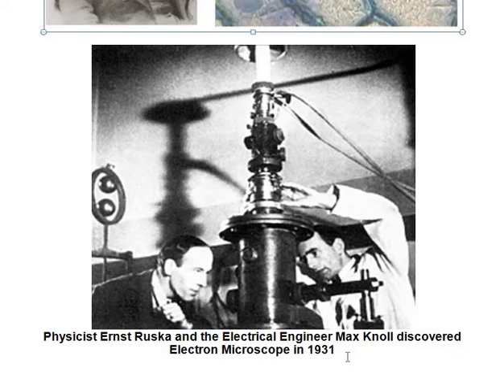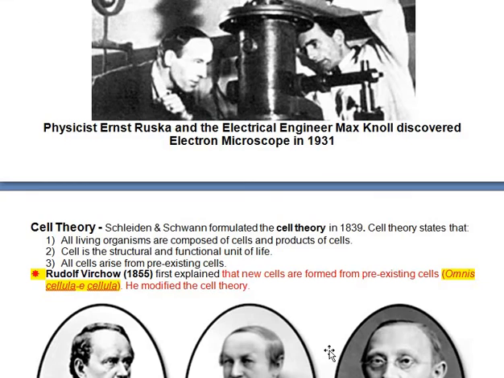Because you can't study the cell organelles under the simple microscope which you use in the lab. It is only the electron microscope by which you can study the details of the cell. You can study each and every cell organelle. You can study in detail the nucleus. So after 1931 all these things became possible.